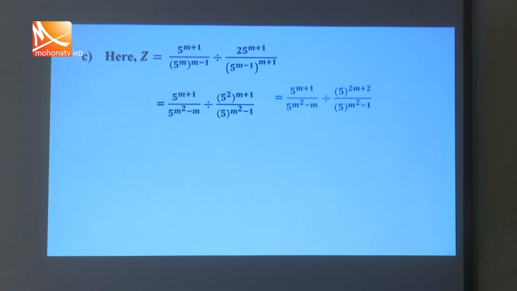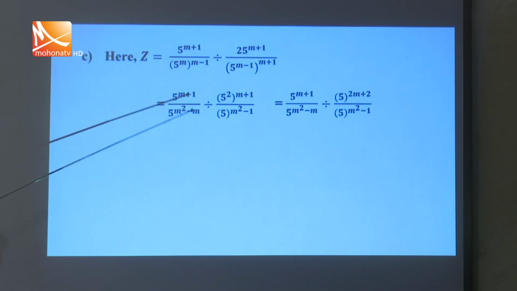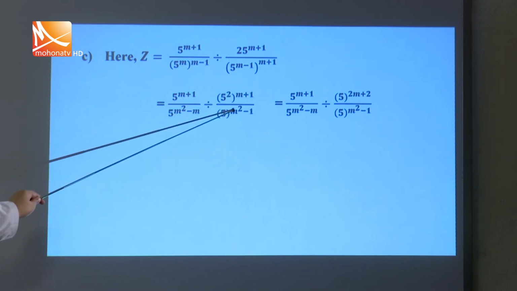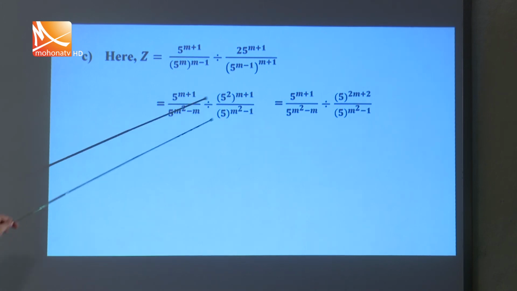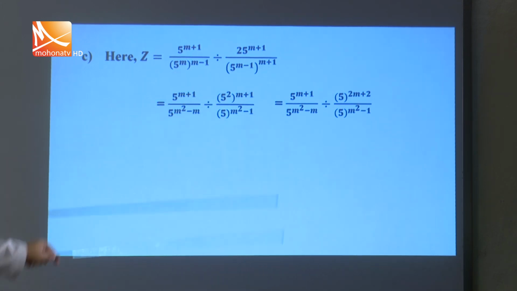And then in our third line we have just calculated this part, the numerator of the second fraction, that is we have multiplied this to get 5 to the power 2m plus 2.